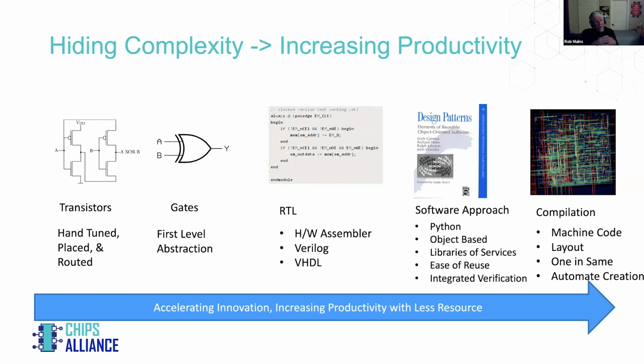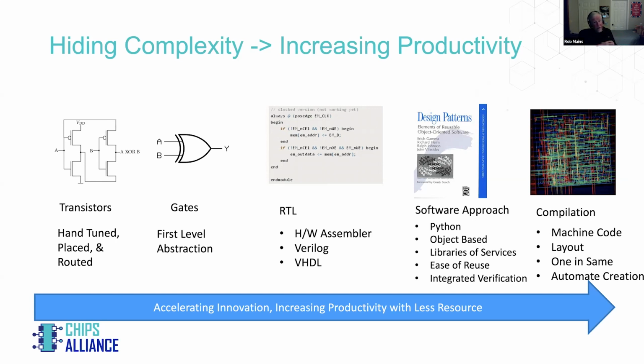We then went into gates as a first level of abstraction, which simplified the problem somewhat. And then we moved into RTL, which is more like a hardware version of assembler language. So that's the best way to think about it, that you're describing your design in assembly code, which was represented by design languages such as Verilog or VHDL. But what we're seeing now is that people are taking more of a software approach. So that's helping to broaden the participation ecosystem.